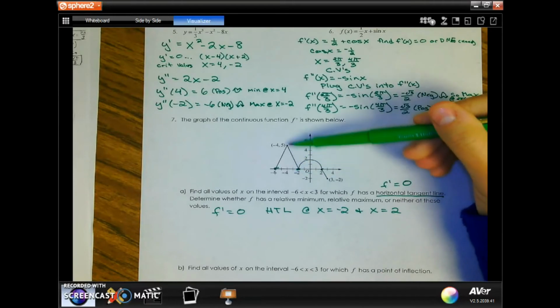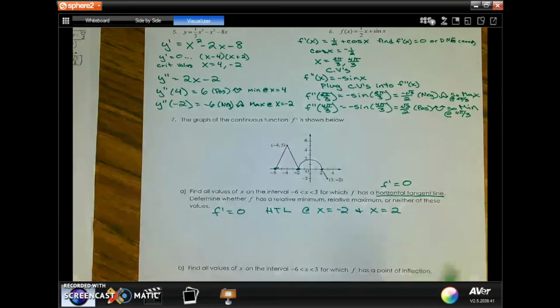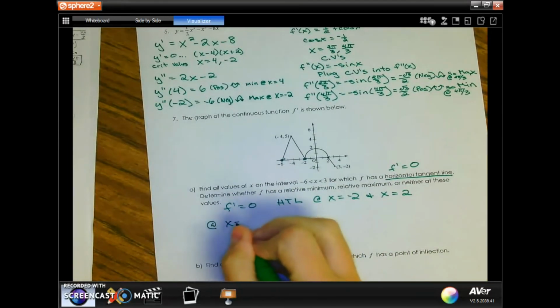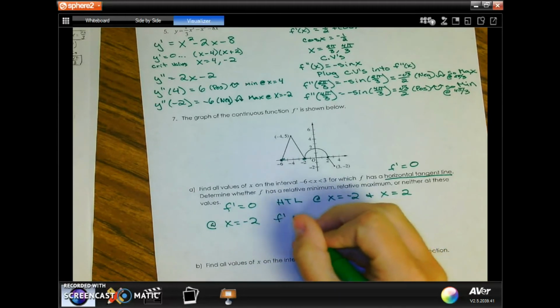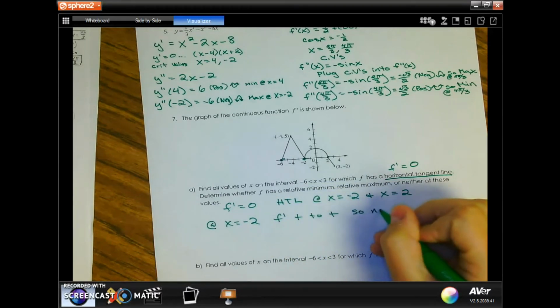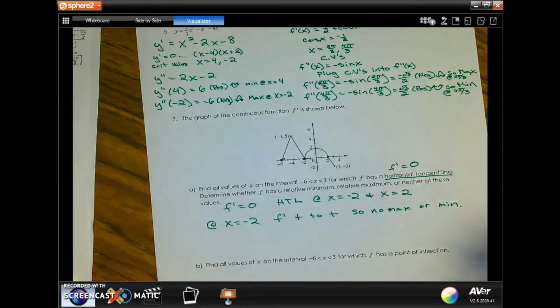Well, if you look at -2, your derivative is positive and then positive. So there's no relative max or min at -2. So I'll just say at x equals -2, the derivative goes from positive to positive. So no max or min. Okay, so I don't need to worry about that one.